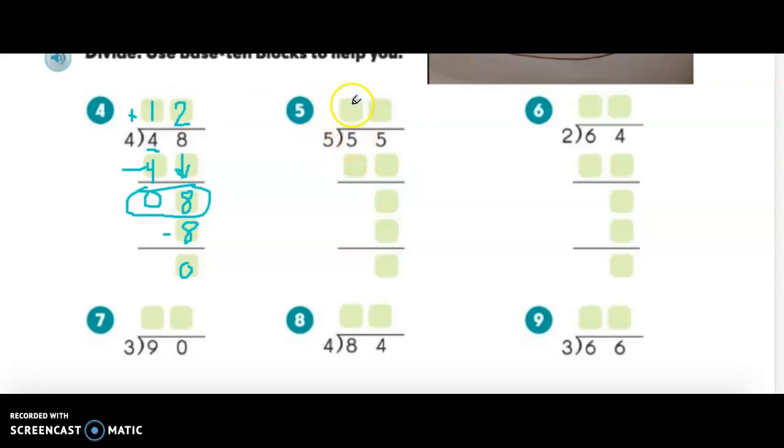Number 5. Okay, so again, we're starting in our tens. 5 divided by 5 is 1. Then we are multiplying. 1 times 5 gives us 5. Serve, subtract. Cheese, check. Good to go. Burgers, bring down. And then we start all over from right here.